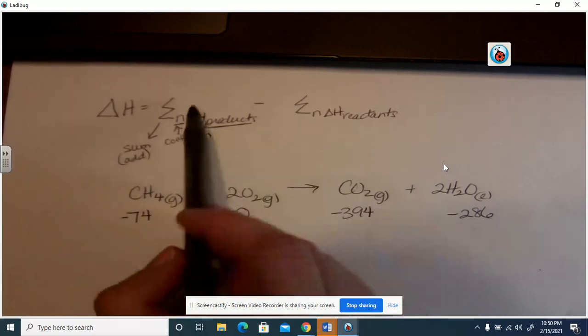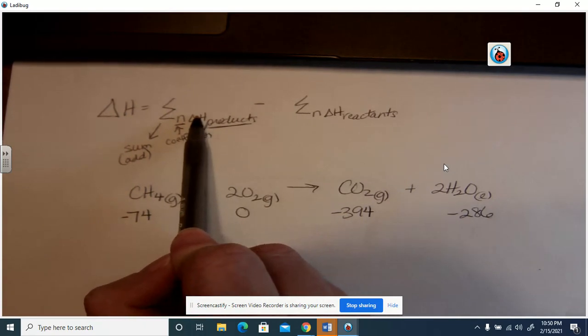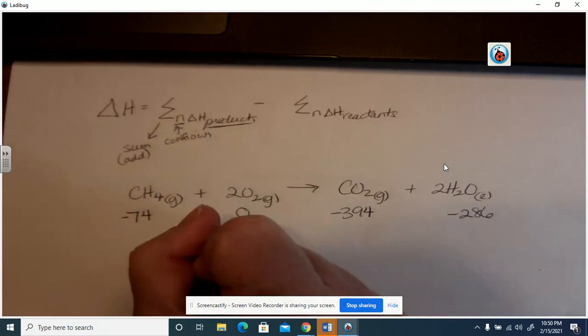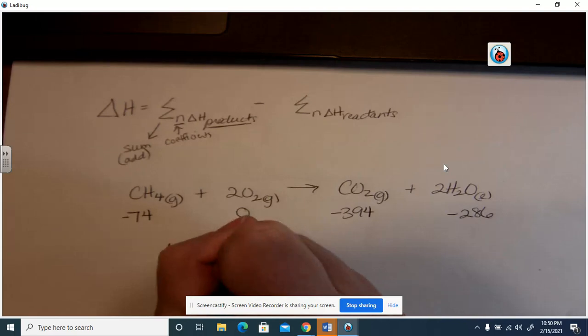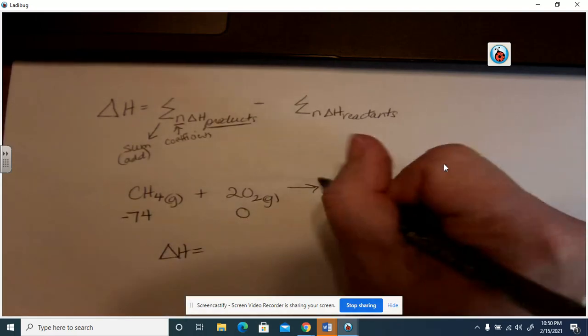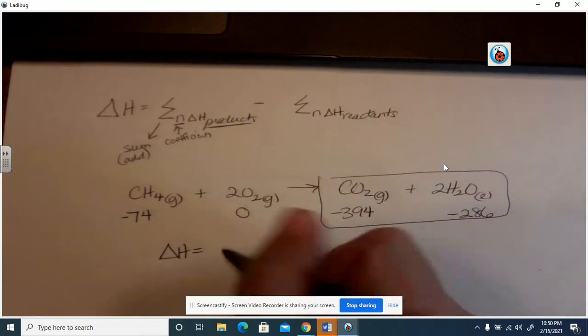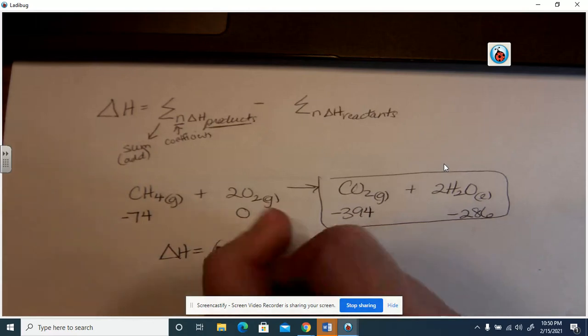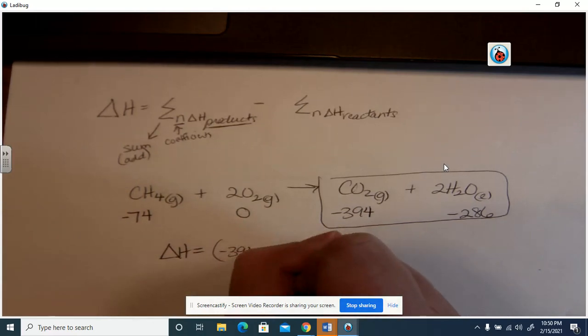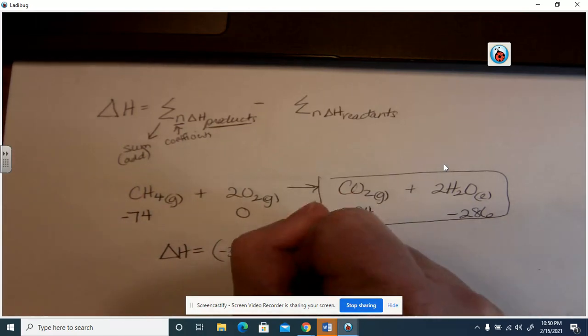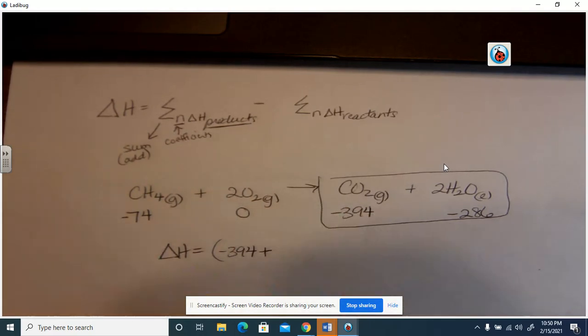Okay, so since we're going to do the product side first, down here, I'm going to put delta H equals, and I'm going to focus on my product side first. Okay, so I'm going to put parentheses up. This is negative 394 plus, because it's the sum, right?